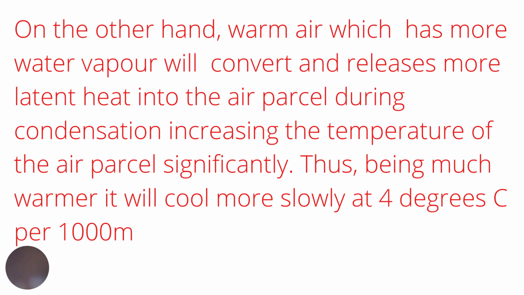Notice the difference. So for cold air, it would be about 9 degrees Celsius. I said about because the temperature will vary with the air parcel. So for cold air, it will be about 9 degrees Celsius for every 1,000 meters. But for warm air, it is going to be about 4 degrees Celsius for every 1,000 meters.